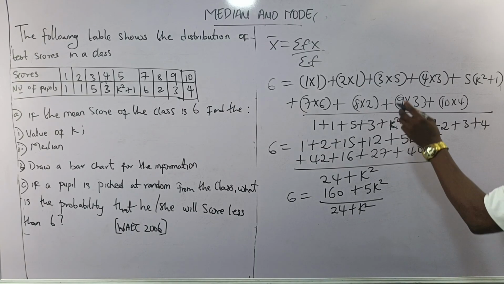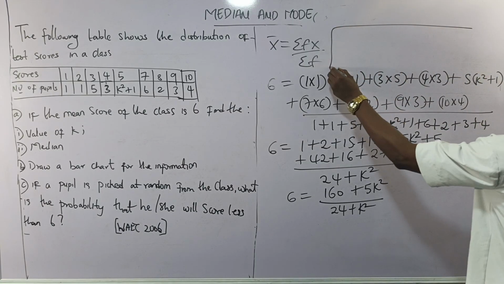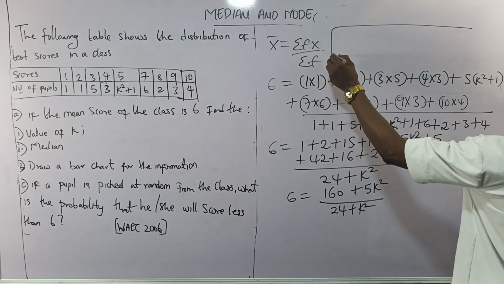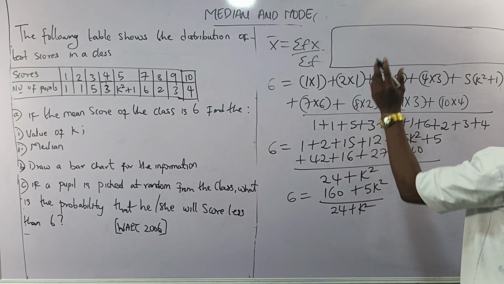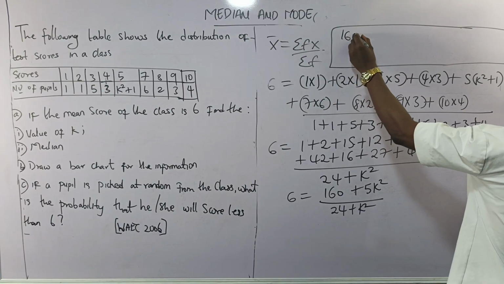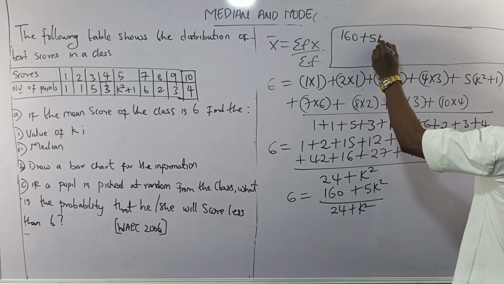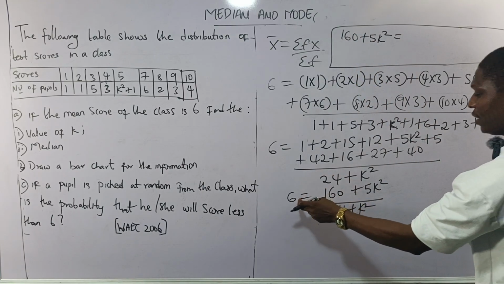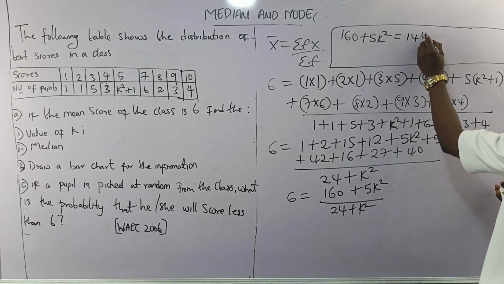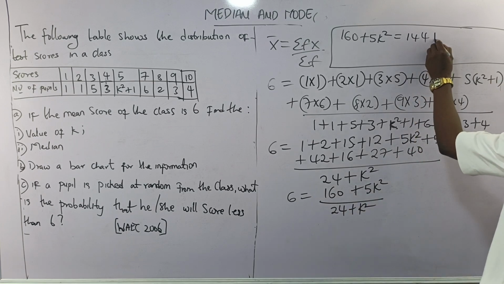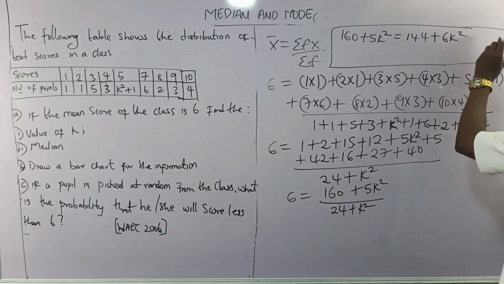Now, if I cross multiply, I'll have 160 plus 5k squared equal to 6 times 24. 6 times 24 will give me 144. And 6 times k squared will give me 6k squared.